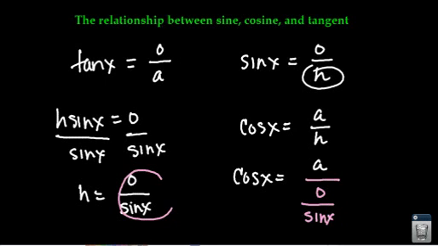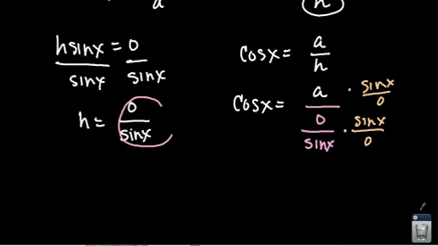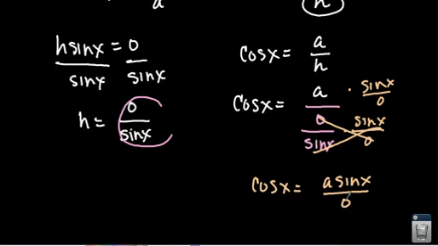Okay, so here we go. Well, this is just really messy, so I'm going to multiply by the reciprocal, sine of x over opposite, to get this cleaned up a little bit. So cosine of x is equal to a times the sine of x, all divided by o.